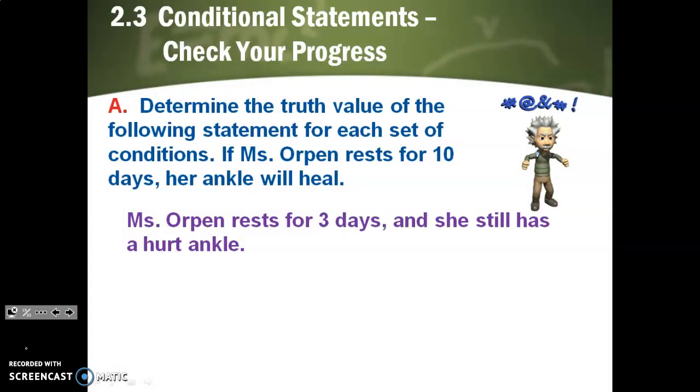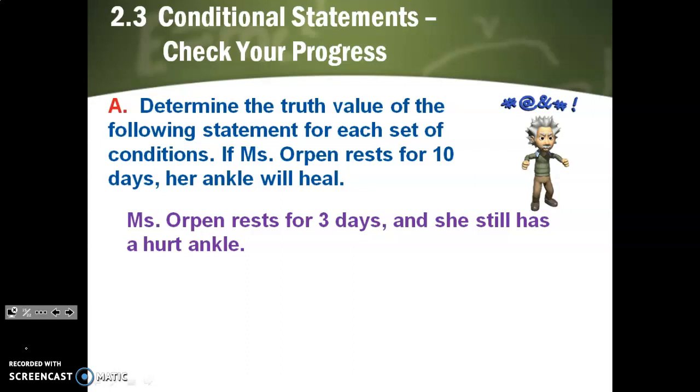Where in this one, Miss Orpin rests for 3 days, she still has a hurt ankle. This one, the hypothesis doesn't agree. It's not 10 days. So if it doesn't agree with the hypothesis, it's still true. And the way I kind of always look at this, especially when we're talking about days here, 3 days, well, she still has 7 days to get to 10, so she still has 7 days for the ankle to heal.